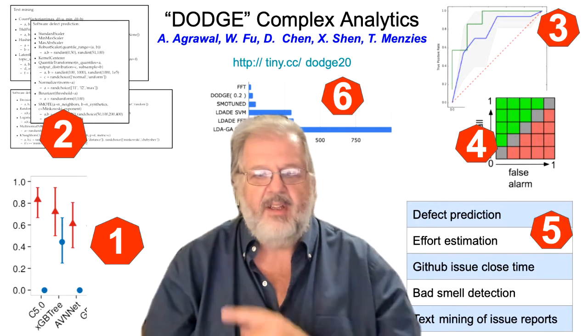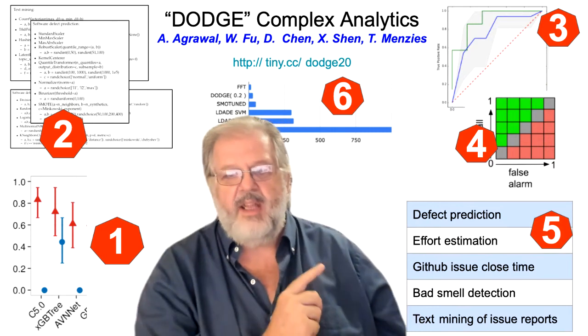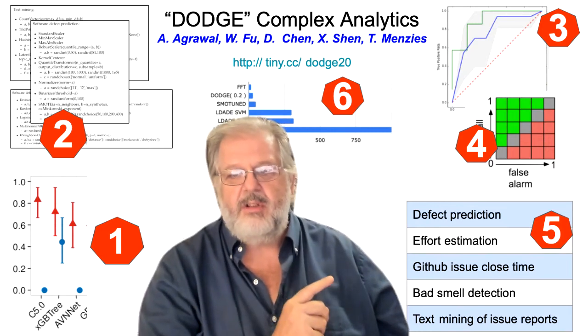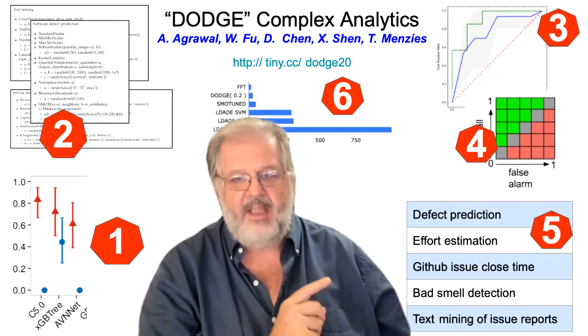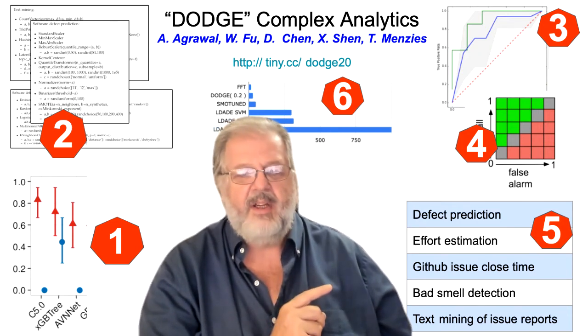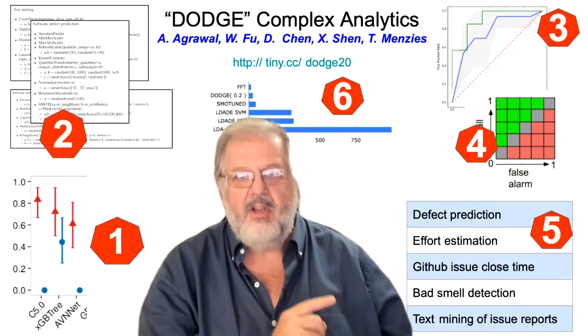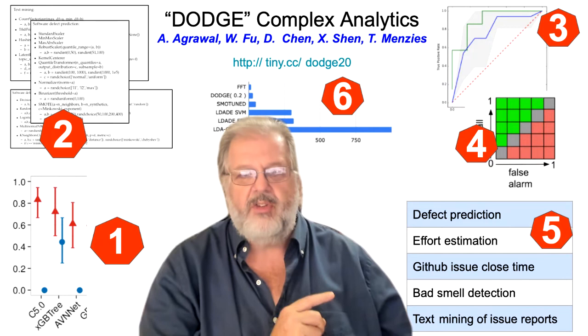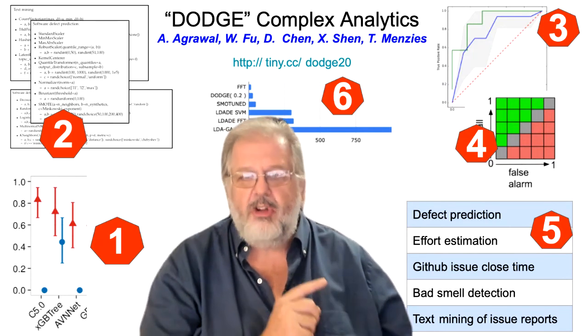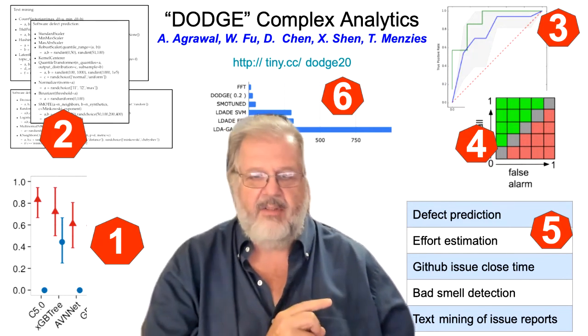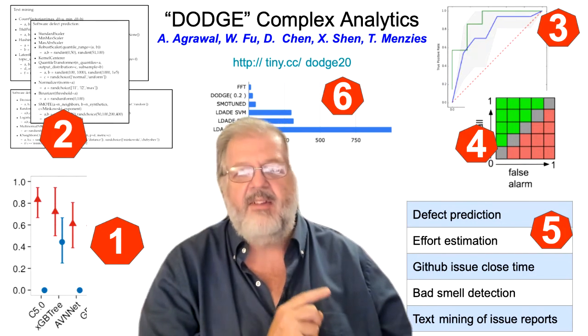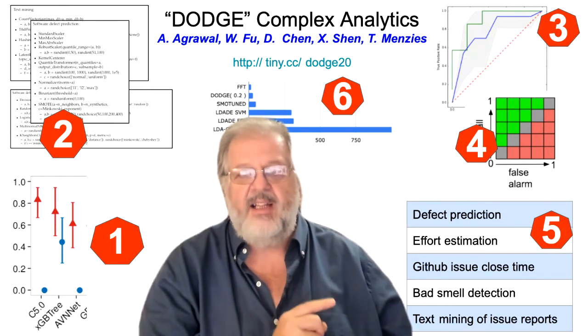Now it turns out that for defect prediction, effort estimation, GitHub issue close time, bad smell detection, and GitHub text mining of issue reports, this epsilon domination approach to exploring hyperparameters works crazy fast, terminates after a few dozen evaluations, and does better than prior state-of-the-art results.